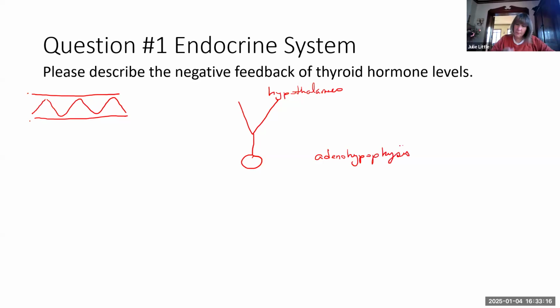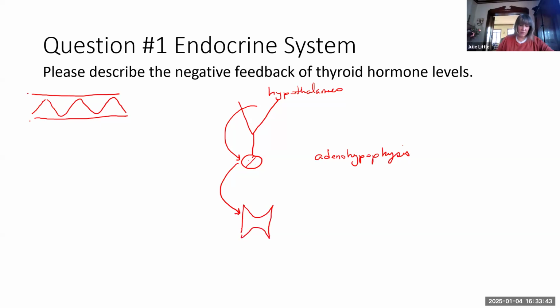Things we already know. Okay, so the anterior pituitary, this part right here, here's the posterior pituitary. What the hypothalamus does is it releases a hormone to trigger the anterior pituitary, or the adenohypophysis, to release a hormone. Now we know that hormones travel in the blood, and so the hormone that's going to be released from the adenohypophysis is going to go to the thyroid gland.